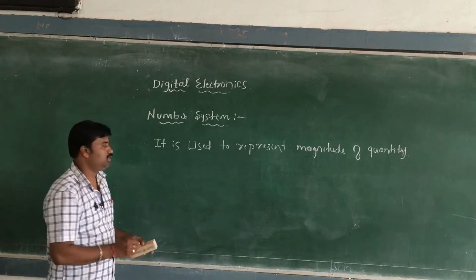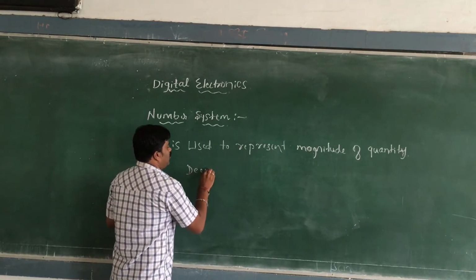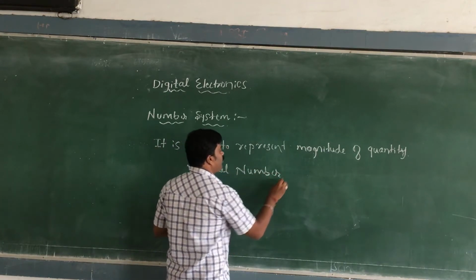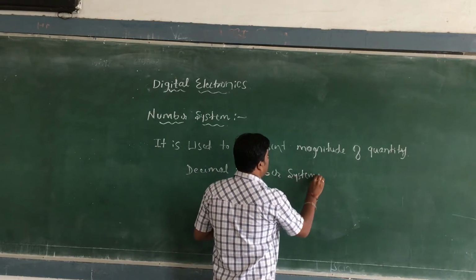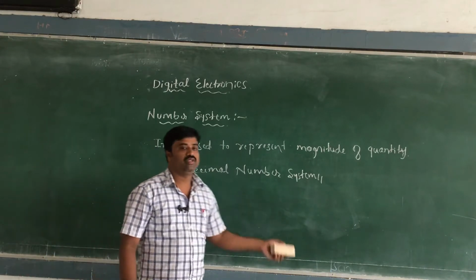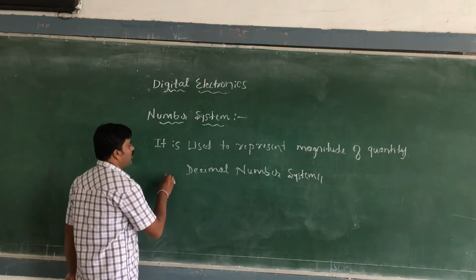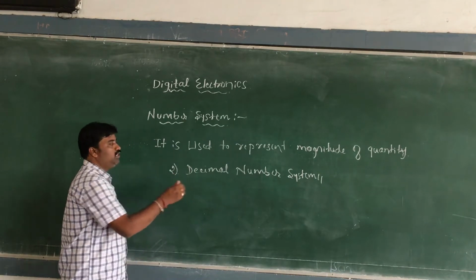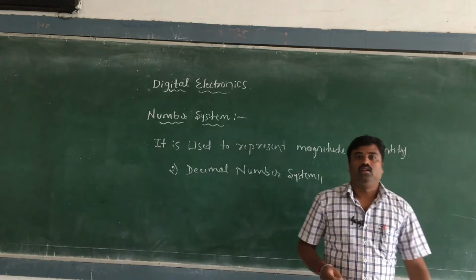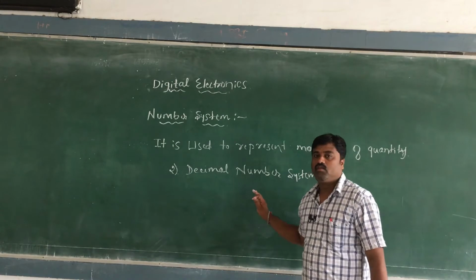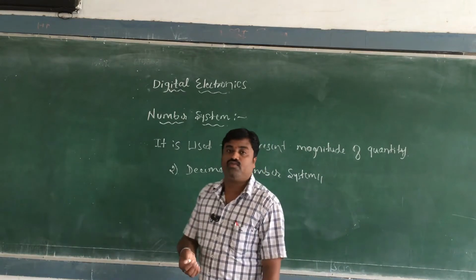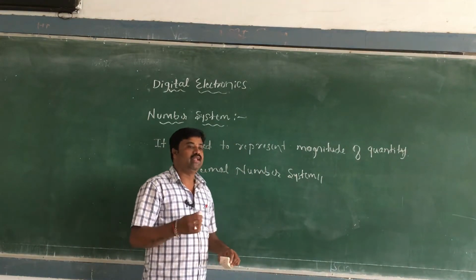What is the decimal number system? In general, we use this decimal number system in daily life. The second one is the decimal number system. In this decimal number system, it has digits 0 to 9, and the base or radix value for this decimal number system is 10.